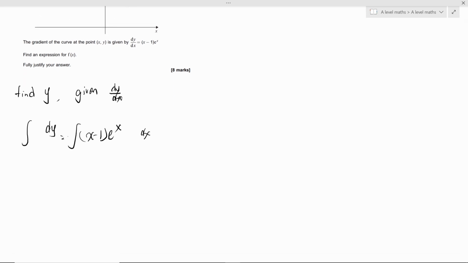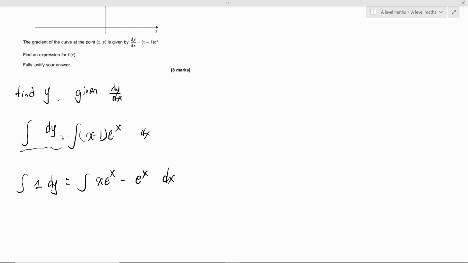You may question this particular expression, like what is the integral of dy? You may just regard it as integrating 1 as a function, dy. And then integrating x times e to the x minus e to the x, dx.